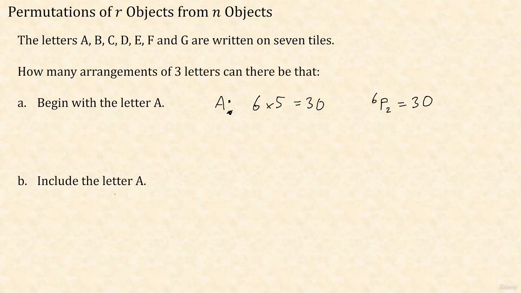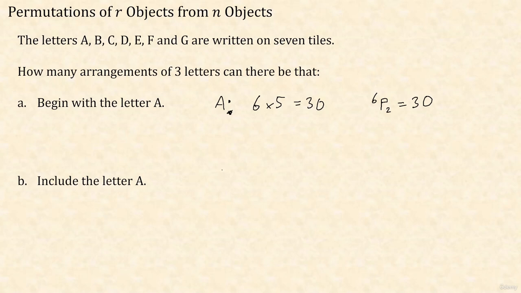What about one that begins with the letter A? Well, sorry, that includes the letter A. Well, if it includes the letter A, it's either because it's the first letter, the second, or the third. So we could just take any of the options that we had before, but just change where A was in that group, right?